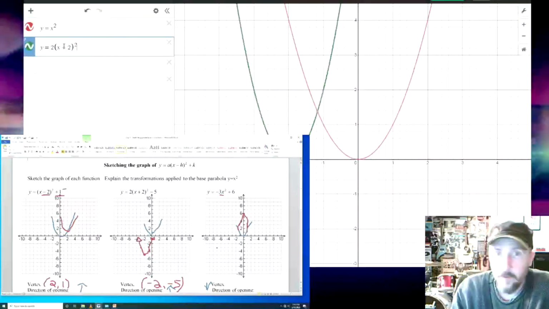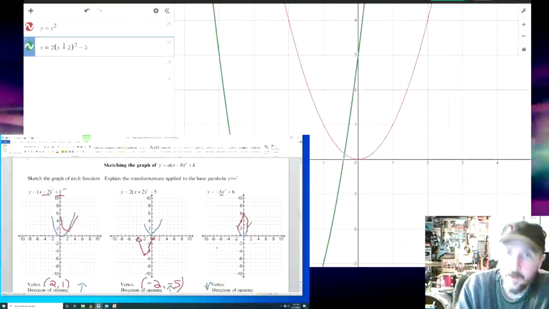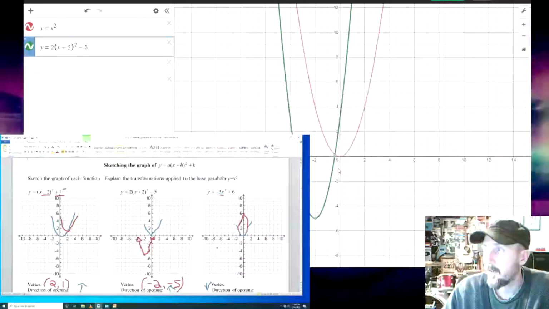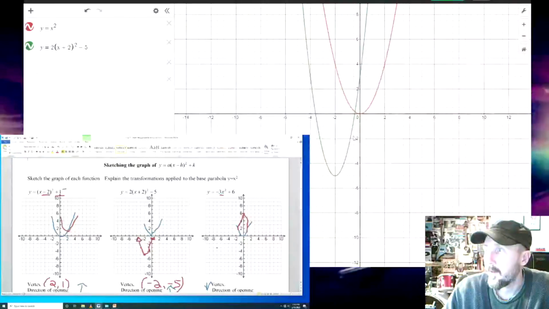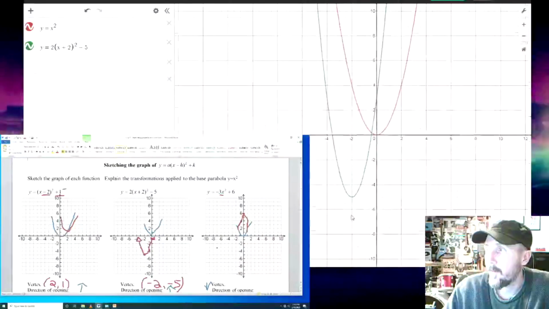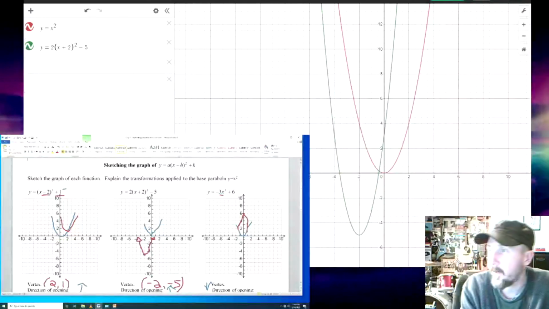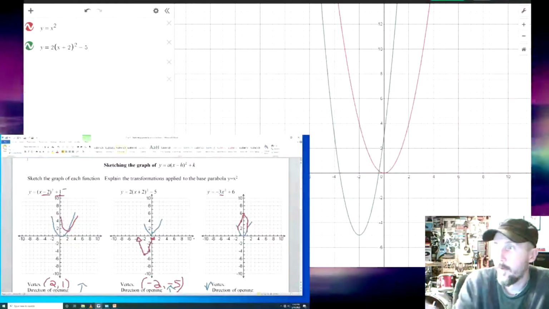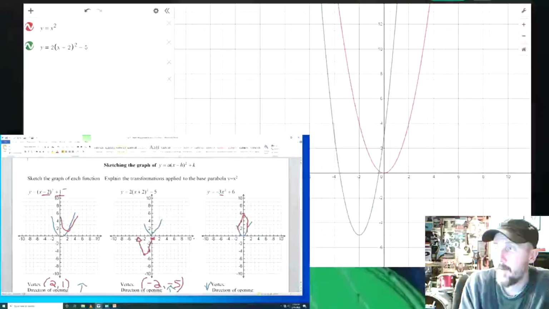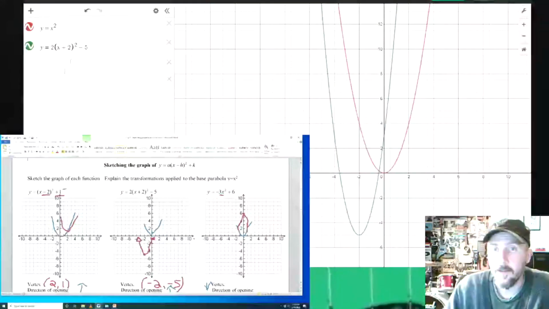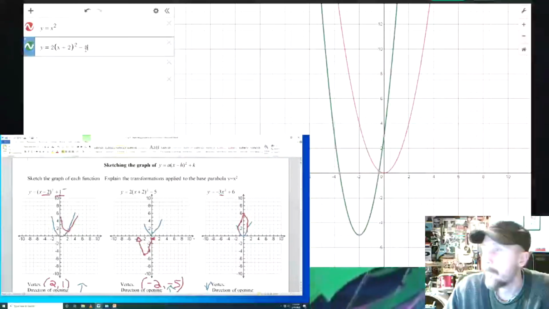But then we've got a -5. So let me zoom out a little bit here. And there we go. That looks pretty close to what we've got over here. Moved over 2, down 5, skinnier. There we go.